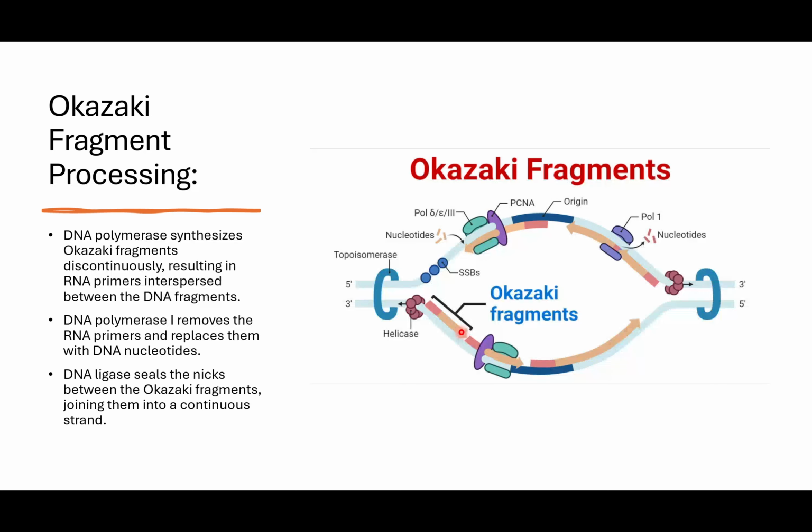We're going to have an Okazaki fragment here. Let's say the red part here is a primer, and then we have the brown part, which is the bases, and then we have a primer here, and then we have bases here. What polymerase 1 would do is remove that primer, the RNA bases, and replace them with DNA bases, and then DNA ligase will come in and seal those joints between the Okazaki fragments, creating a continuous strand. So that is the treatment of the Okazaki fragments.